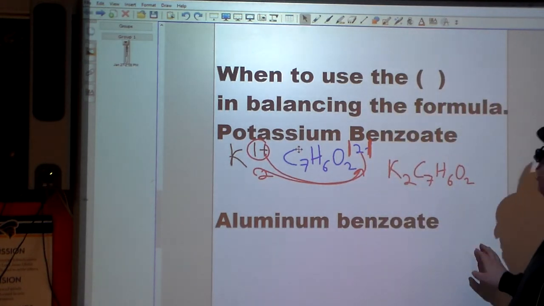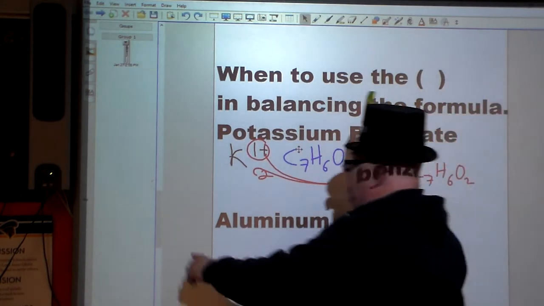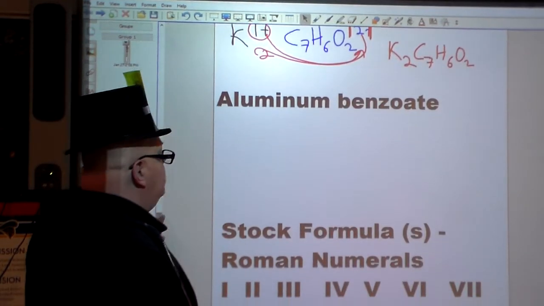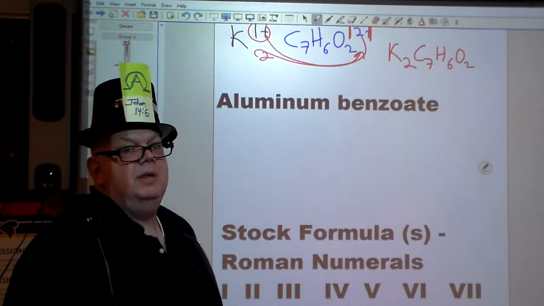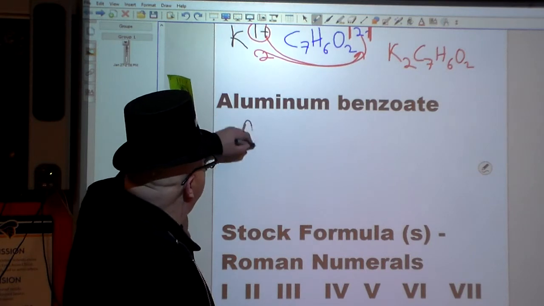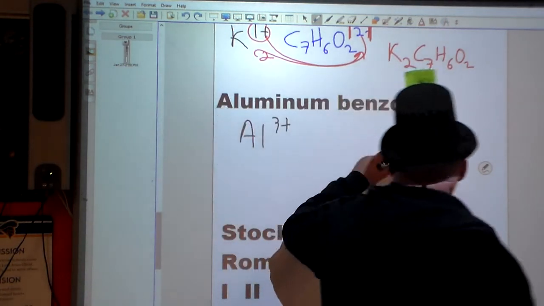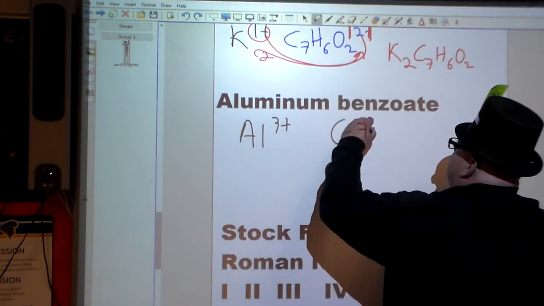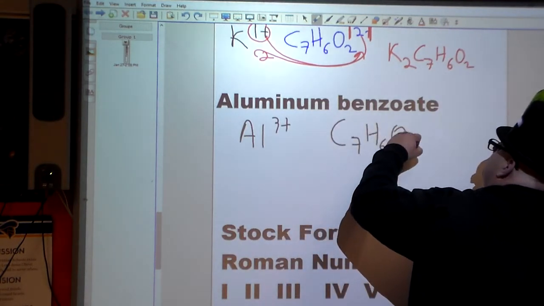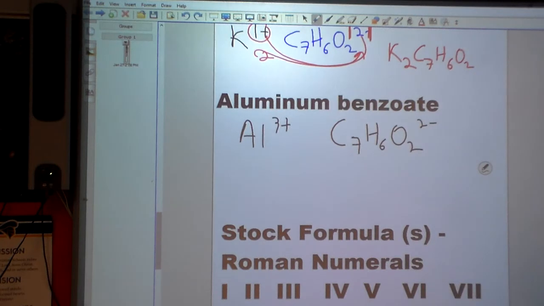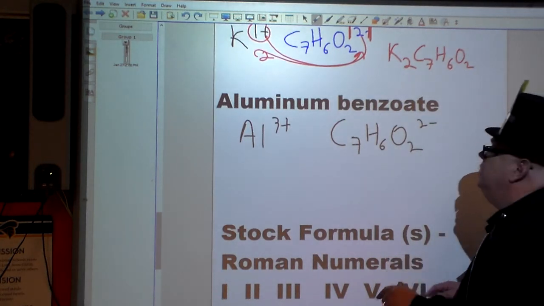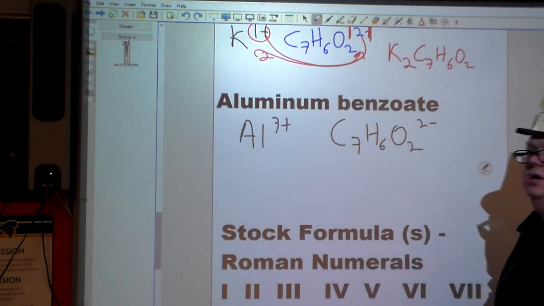What about aluminum benzoate? Well, with aluminum benzoate, guys, it's a little bit different, because aluminum has a +3 charge. We know the benzoate is C7H6O2 and it has a -2 charge. This is where you're going to see more of the crisscross thing.